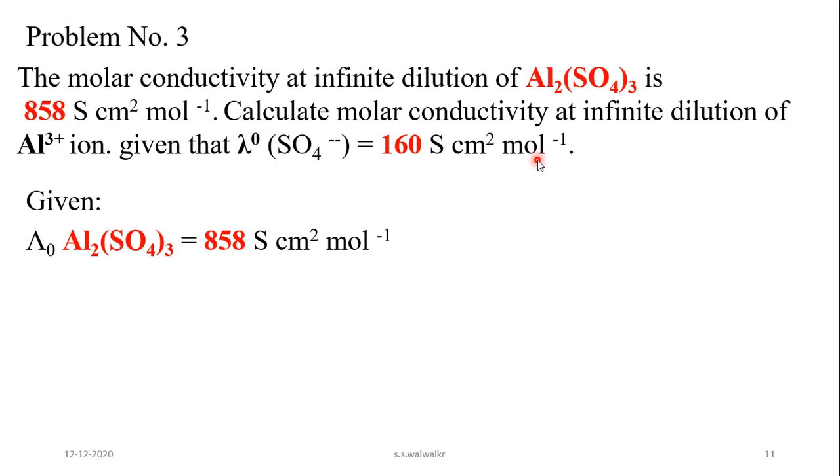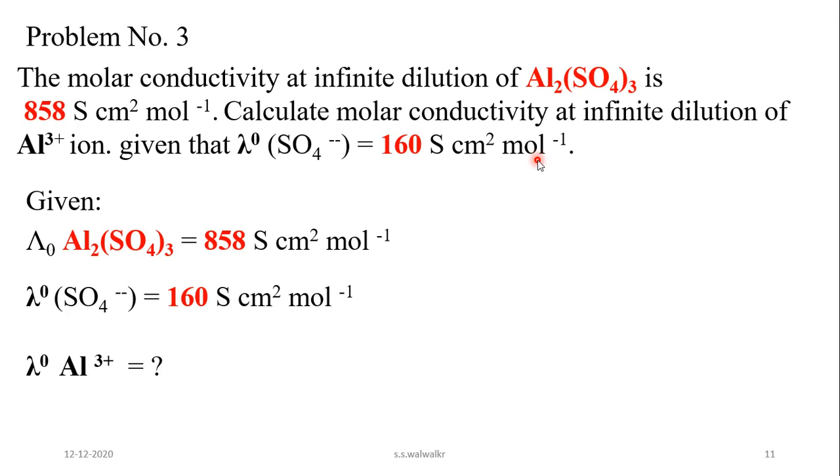So the molar conductivity of the electrolyte is given, 858, and the anion is also given, that is SO4 ion, 160. And we have to calculate lambda 0 of aluminium ion.